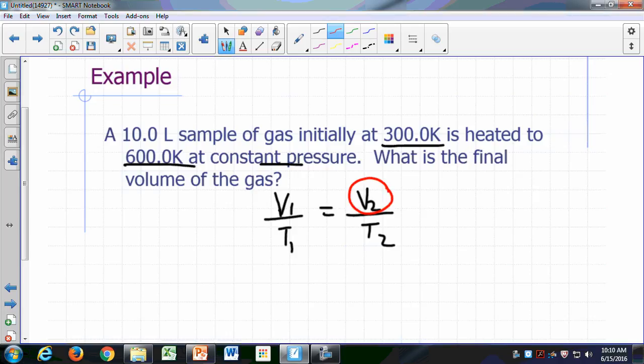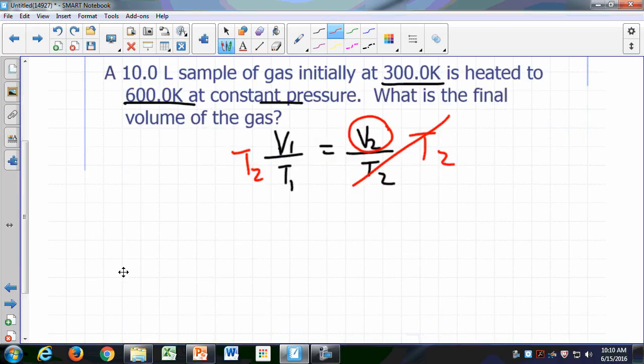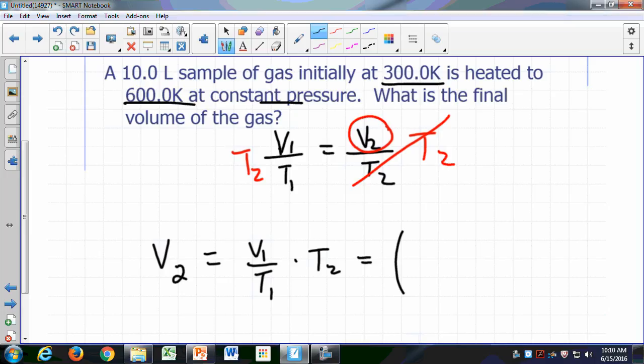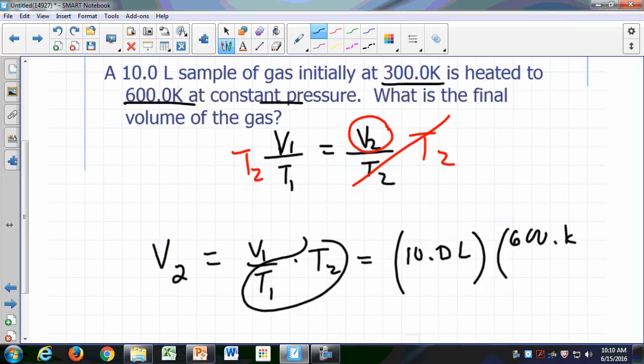To solve for V2, I multiply both sides by T2, so V2 equals V1 over T1 times T2. V1 is 10.0 liters, T2 is 600 Kelvin over T1, which is 300 Kelvin. So 600 over 300 is 2, and 2 times 10 gives you 20 liters. Kelvin cancels out.